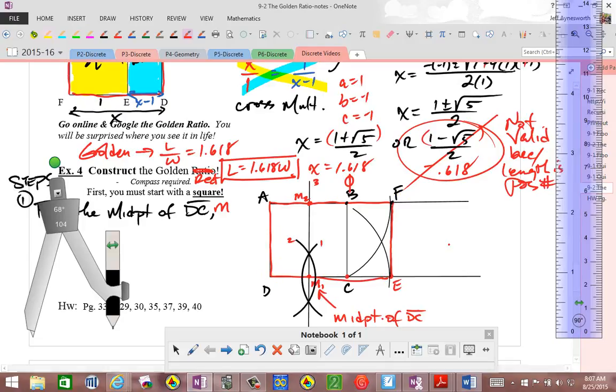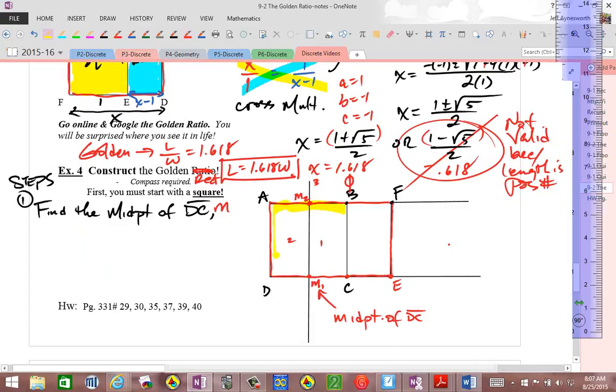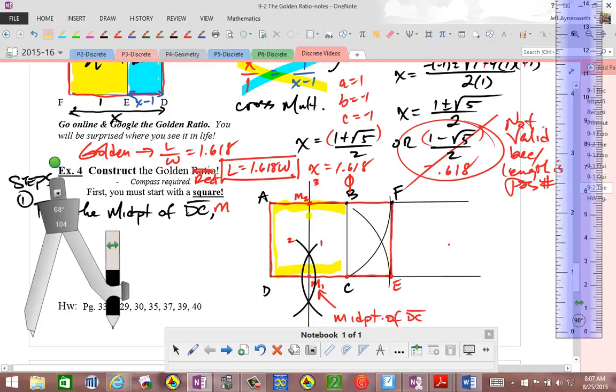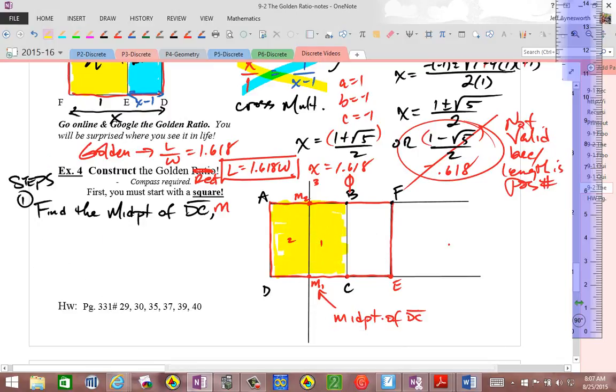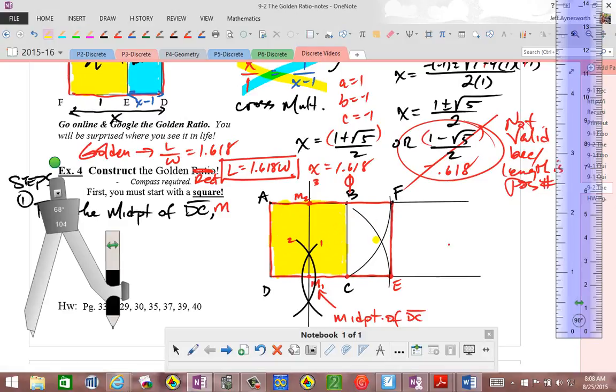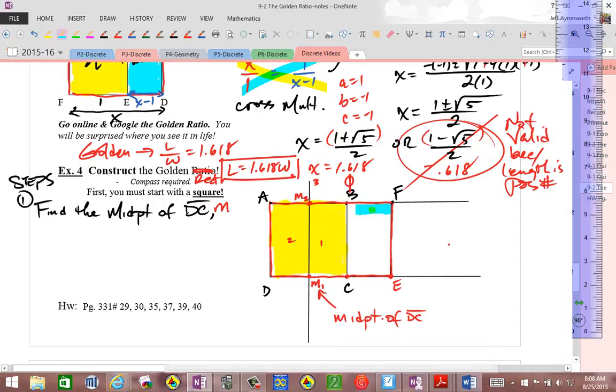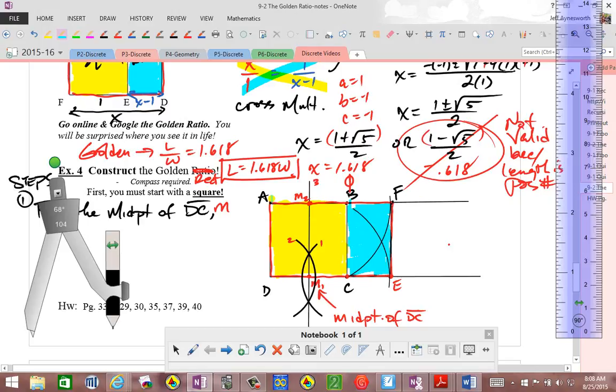This right here is a golden rectangle because it's been divided into a square. We started off with a square, and another rectangle that is similar to the big one. So here's the interior rectangle that is similar to the large one.